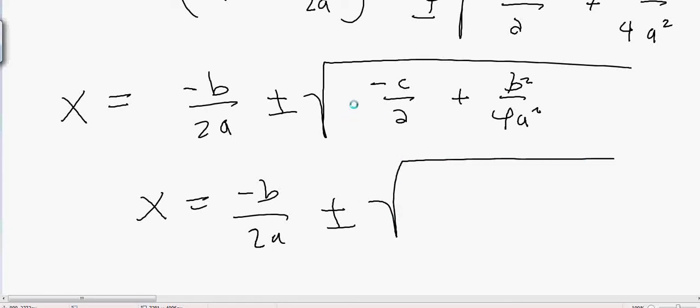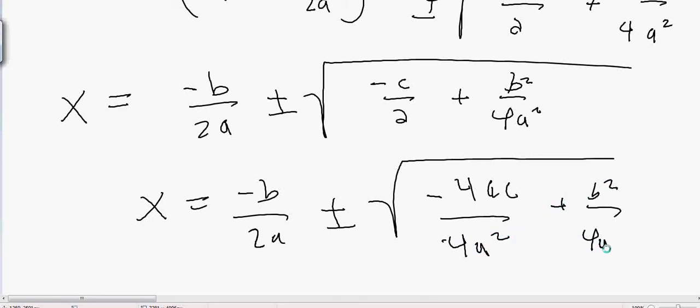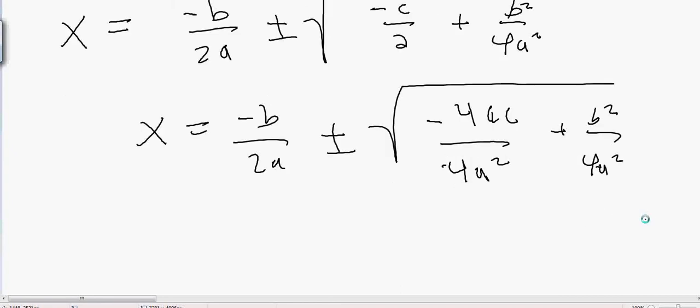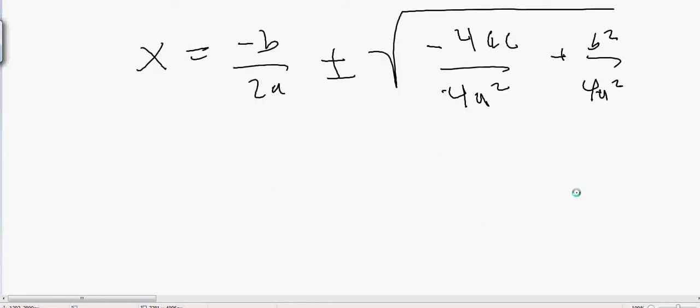You multiply this whole thing by 4a, so you get negative 4ac over 4a squared plus b squared over 4a squared, right? Because negative c times 4a is just negative 4ac. And then after you add it together and put it under a common denominator, 4a squared.